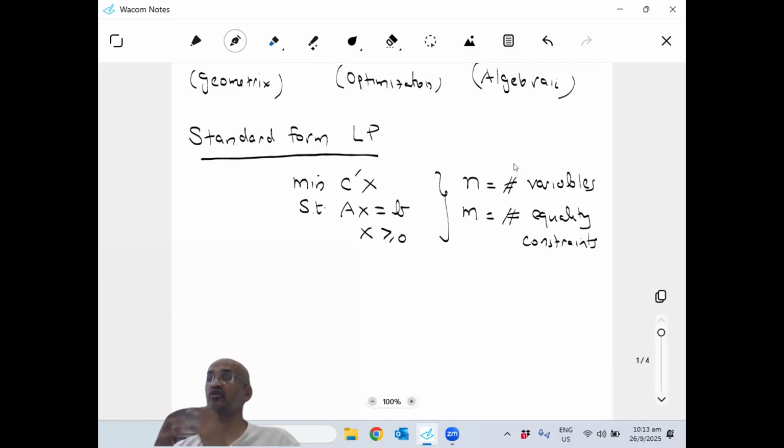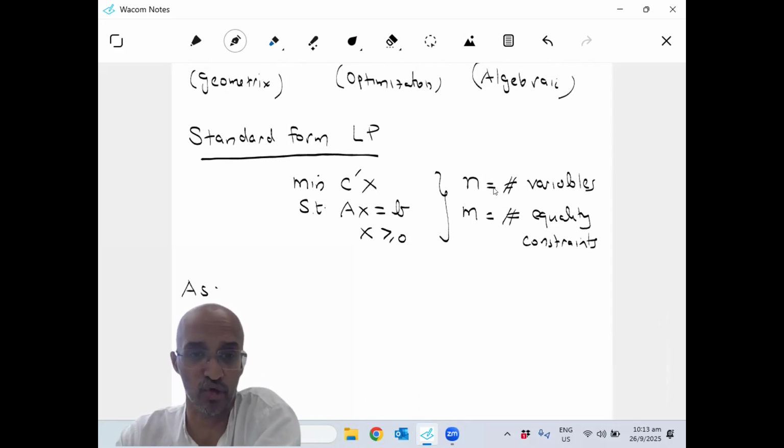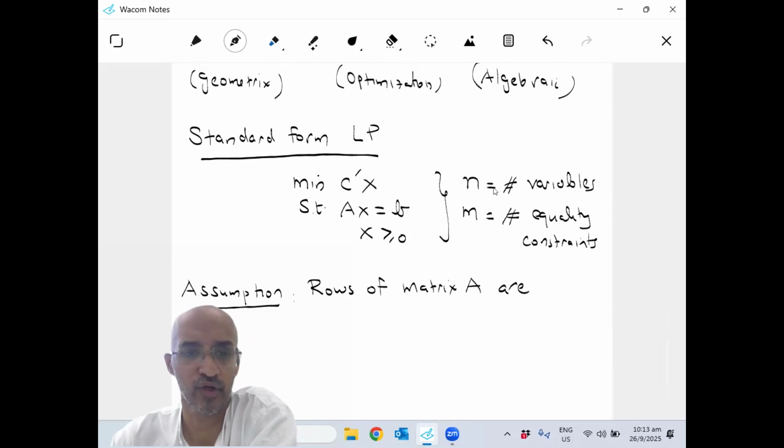And by studying this LP, because we're going to develop simplex for this, that's perfectly fine because we know every LP can be written in this form. So we're going to make one assumption here, which is really without loss of generality. The assumption is that the rows of the matrix A are linearly independent.